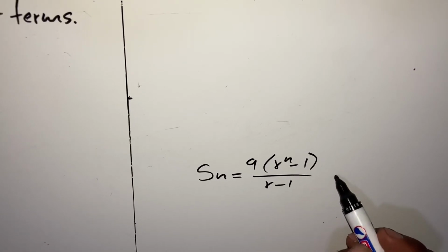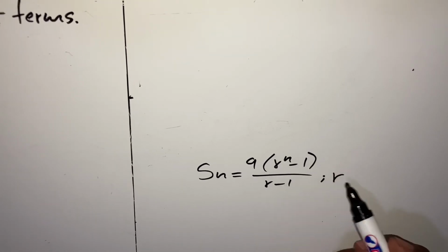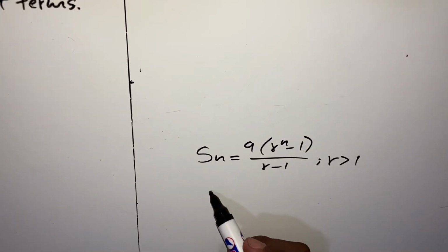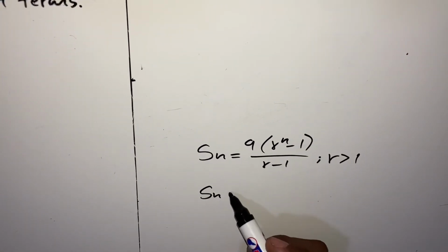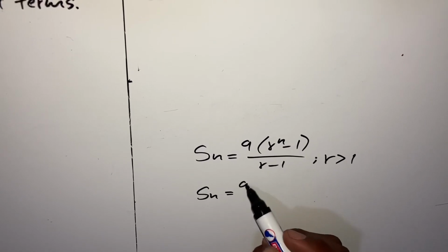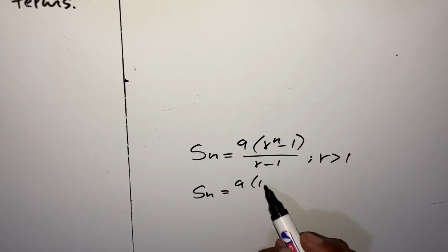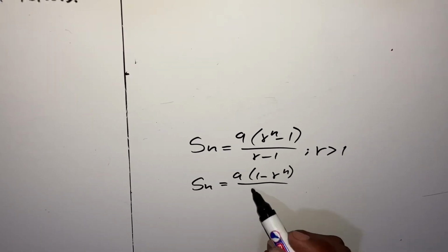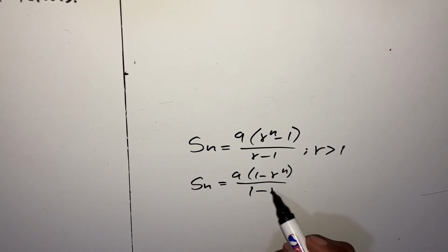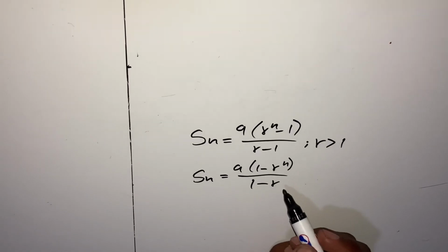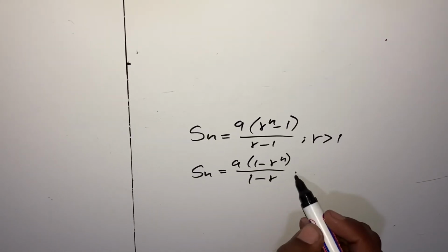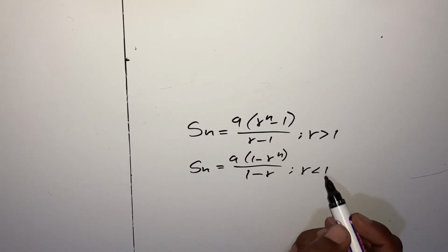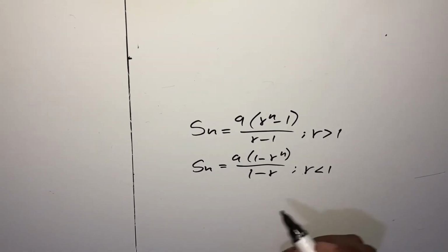Our condition is R being greater than 1. Another formula is sum formula A times 1 minus R to the n all over 1 minus R. Our condition is when R is less than 1.